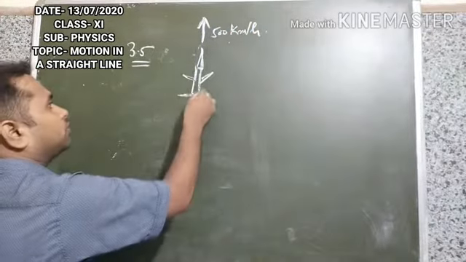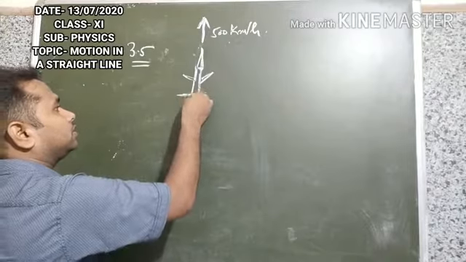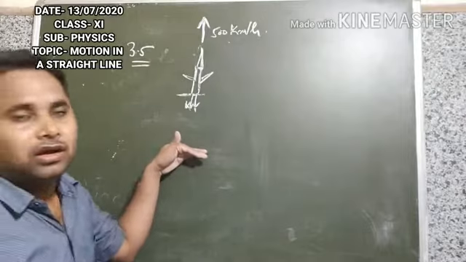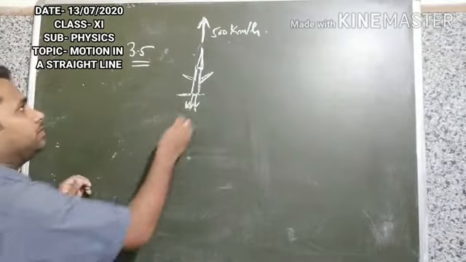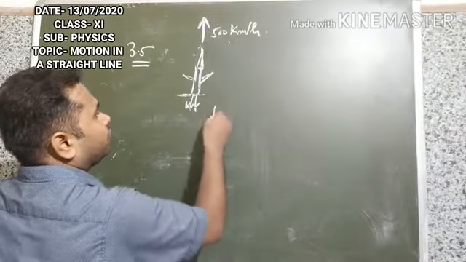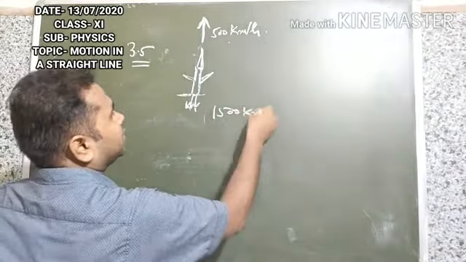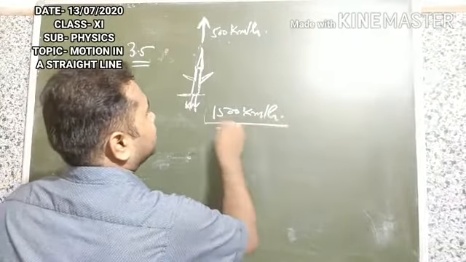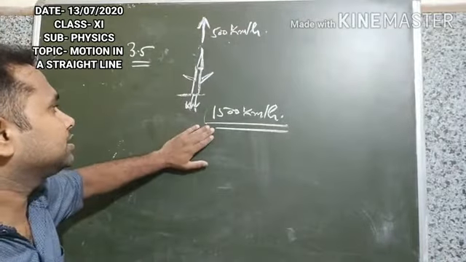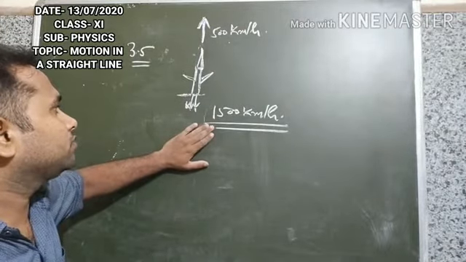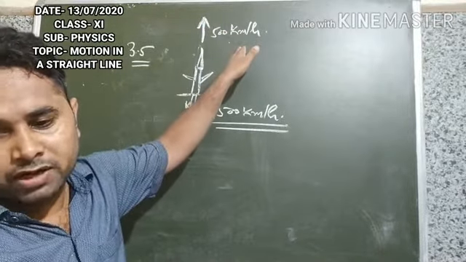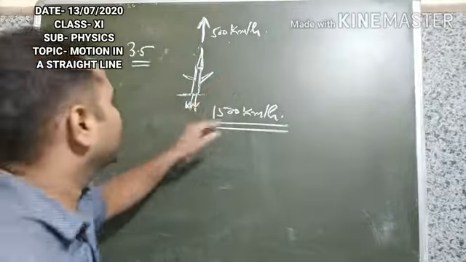When a rocket or jet plane launches, it ejects the product of combustion. It has a speed of 1500 km per hour, but it is not the actual speed of the product of combustion. This is the speed of the product of combustion with respect to the jet plane.